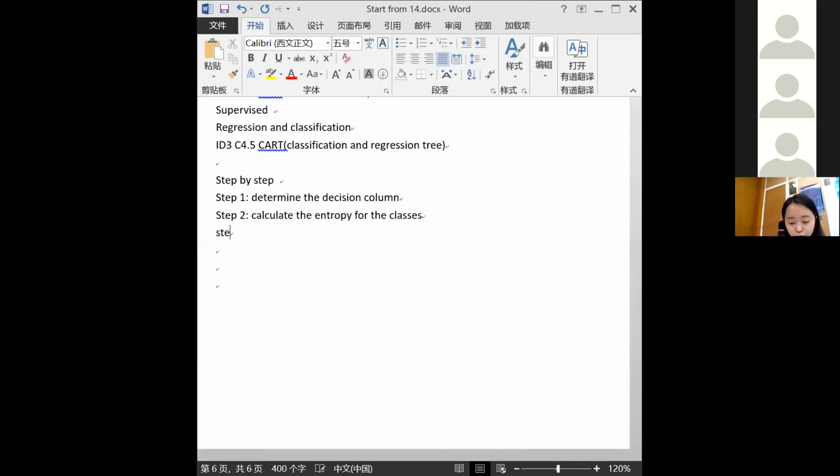If we split the whole samples according to this attribute, what will be the information gain? Of course, we want to choose the attribute with the maximum information gain. We need to calculate the entropy for the other attributes after splits.